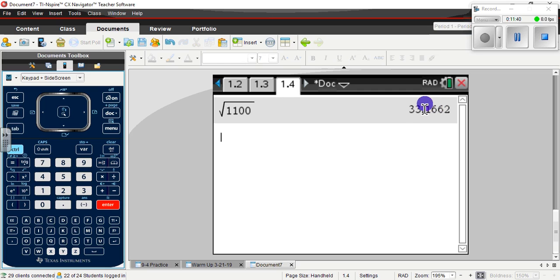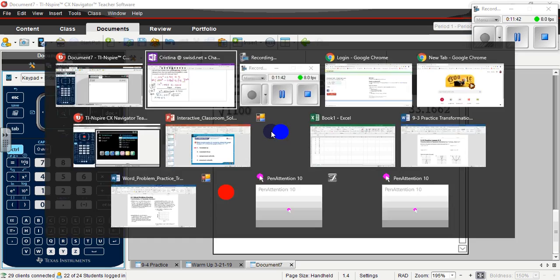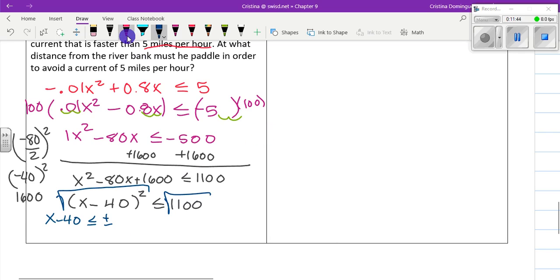Okay, so let's go over here. It's going to be approximately 33.2. And we're going to split it into two problems, one with a positive, one with a negative. Let me add the 40 to move that over.